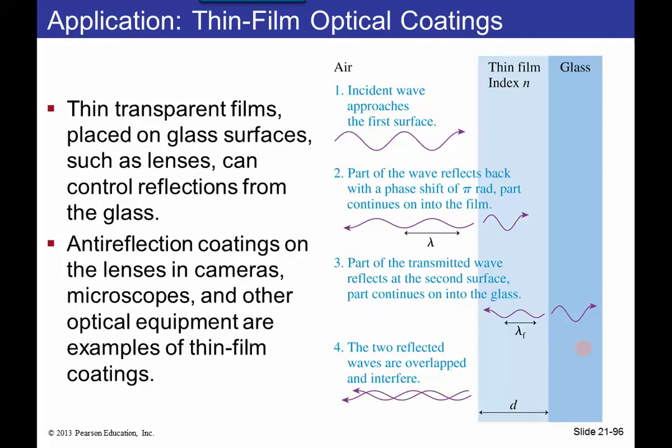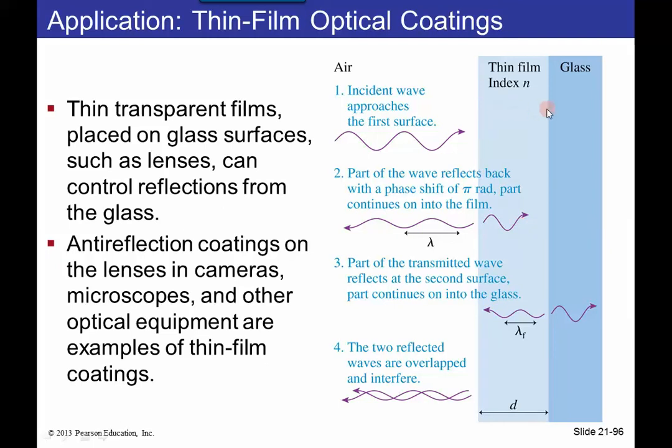Okay. One application of this is in thin film optical coatings. If these are your glasses, you want to reduce the reflections. One way to reduce a reflection is to put a thin film here, and then a wave is reflected here.